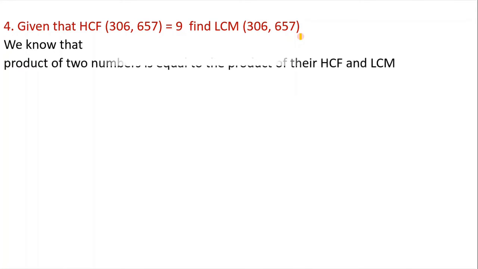Fourth problem. Given that the HCF of 306, 657 is equal to 9, find the LCM of 306, 657. Here, based upon the note, they have given the question. We all know that there is a relationship between LCM, HCF and the product of two numbers.